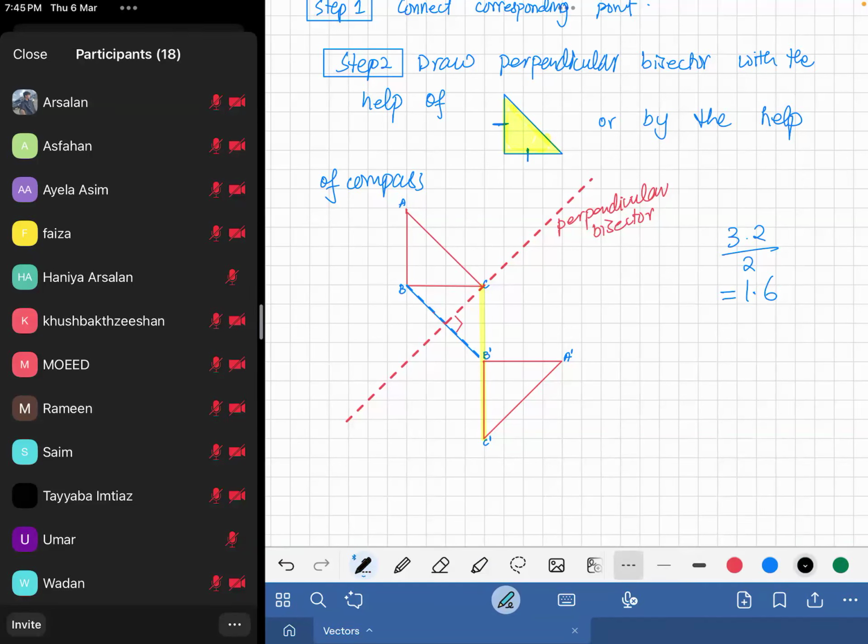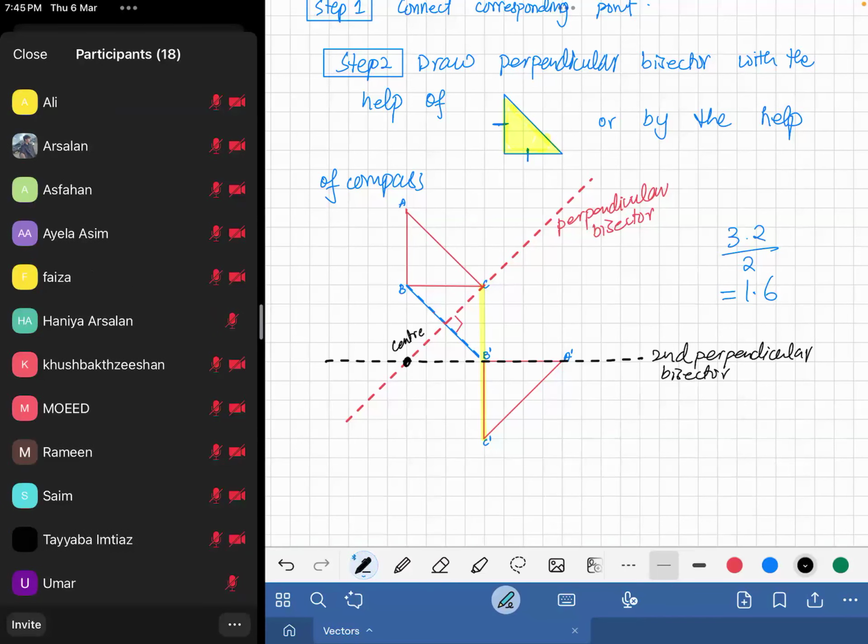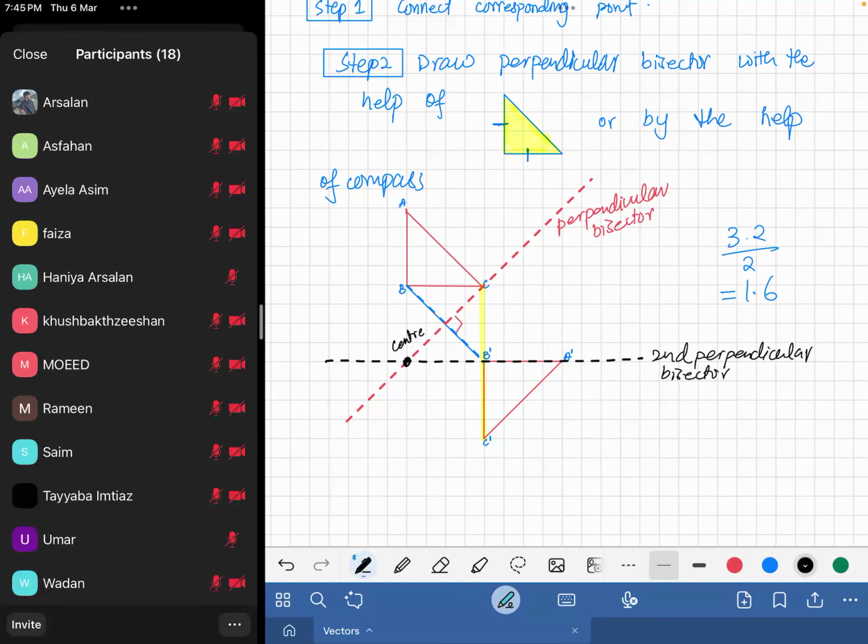Agree or not? This is your second perpendicular bisector. Now, these two perpendicular bisectors, they intersect at this point or not? Yes, sir. This is the center in front of you. Understood, everybody, or not?